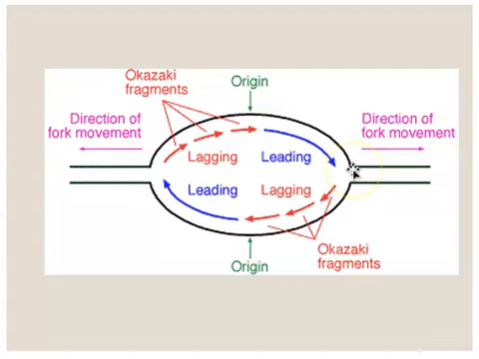Now look at each of the new strands. A portion of each new strand will be made using what we call leading strand synthesis, and a portion of the new strand will be made using lagging strand synthesis.